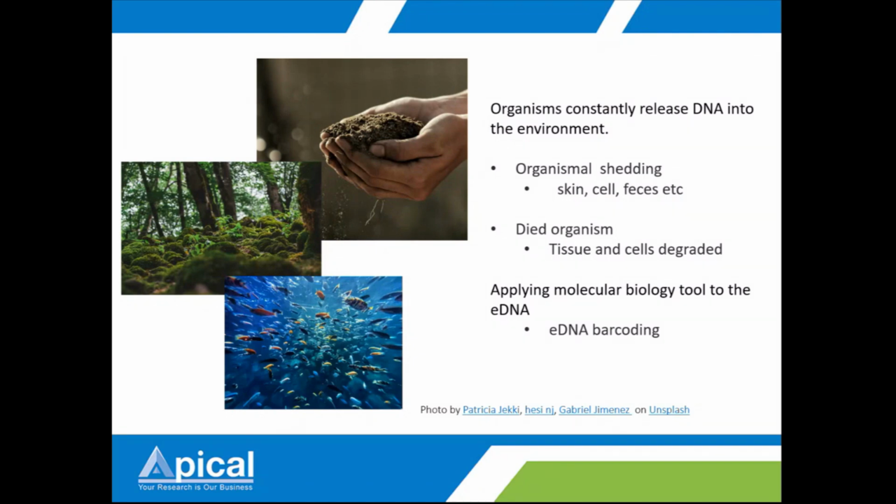The old skin cells die and are released to the environment. When an animal dies, it will also degrade, and the cells, the tissue, and also the DNA will be released to the environment.